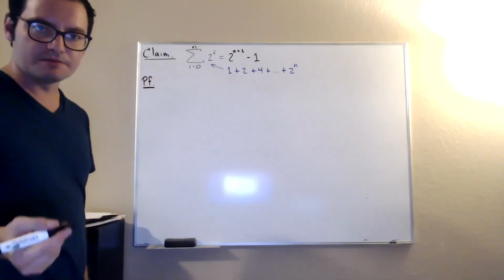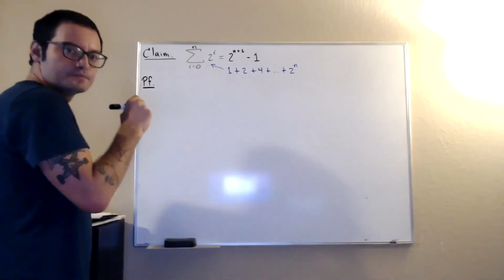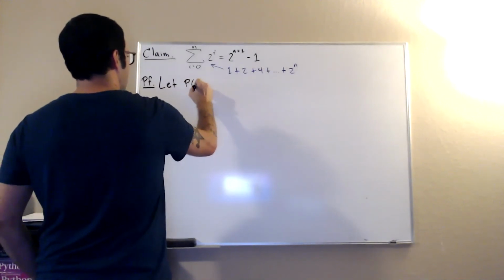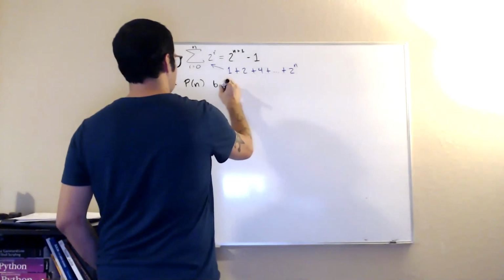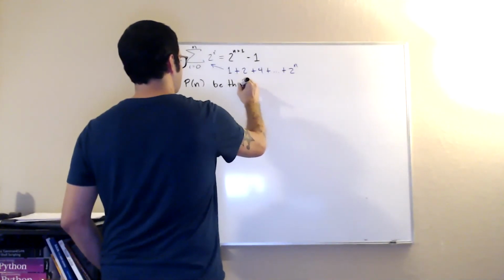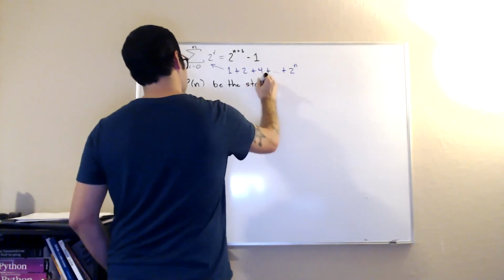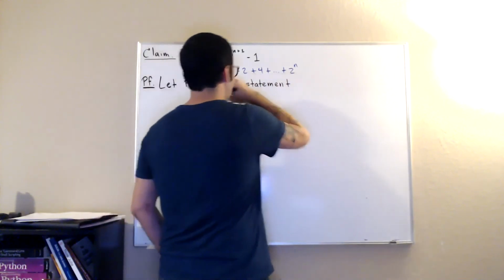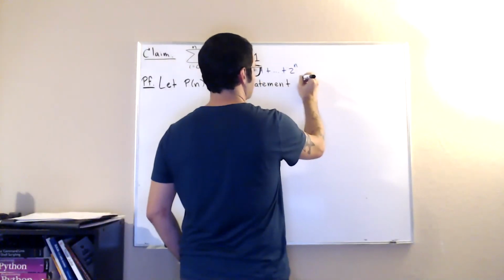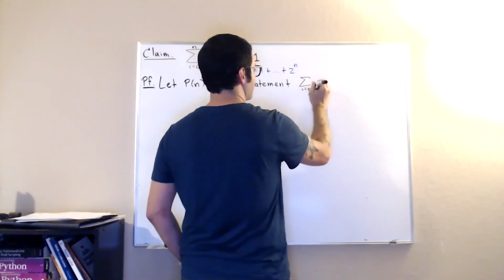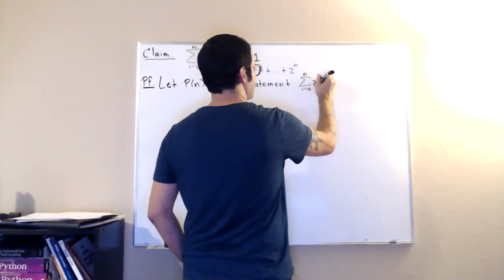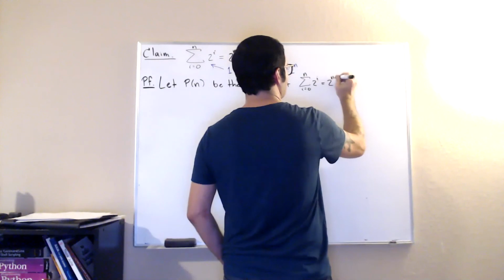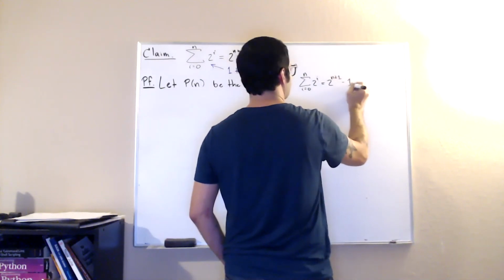So, proof. You'll probably guess what I'm going to write by now. Let P of n be the statement: the sum from i equals 0 to n of 2 to the power i is equal to 2 to the power n plus 1 minus 1.